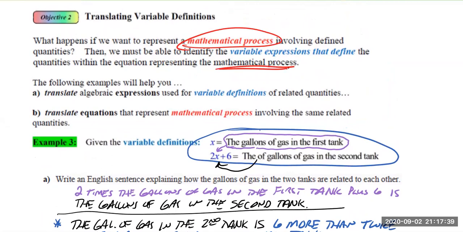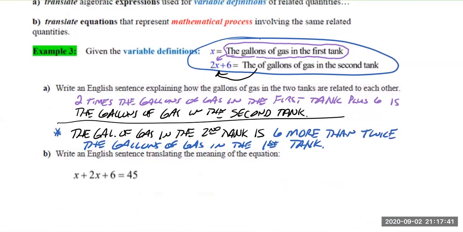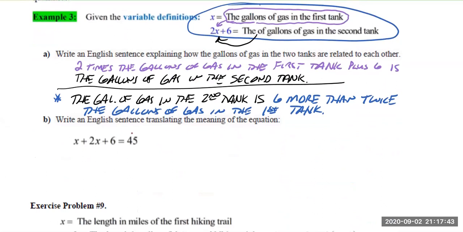So in part B, notice there's an equation here. It says, write an English sentence translating the meaning of the equation. Well, if there's no reference, I wouldn't have any idea what this equation represents. But because of my variable definitions, I actually do have reference. And within this equation, I want to recognize the expressions that are defined.